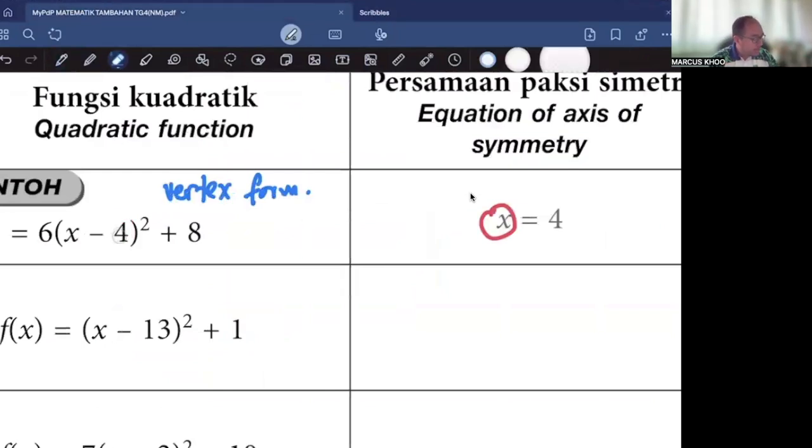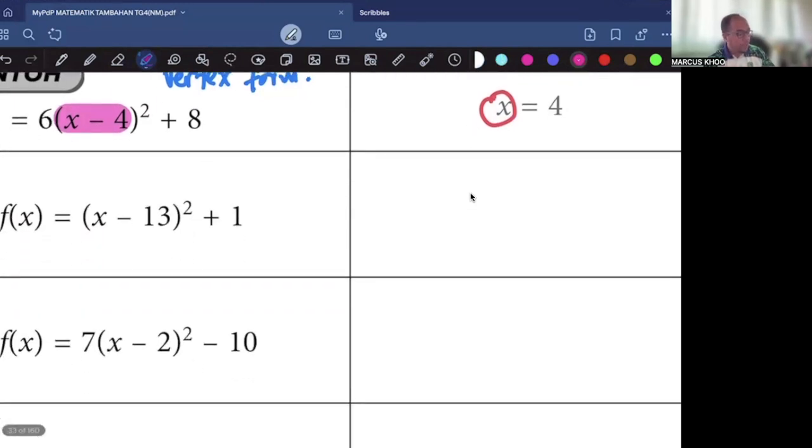If the equation is in vertex form, what you need to do is look at the thing inside the bracket. If it's x minus 4, the equation will be x equals to 4. And likewise, you can do the rest. You know, x minus 13, so the equation will be x equals to 13.